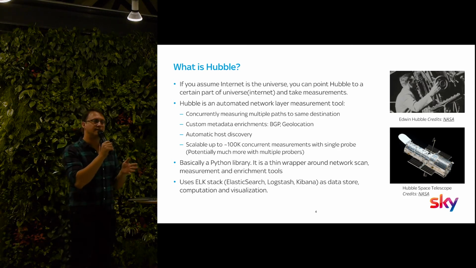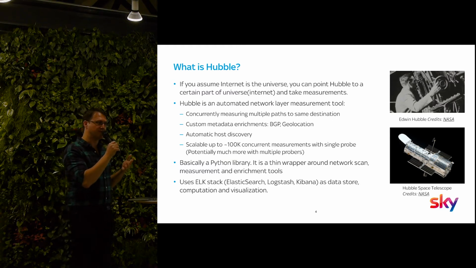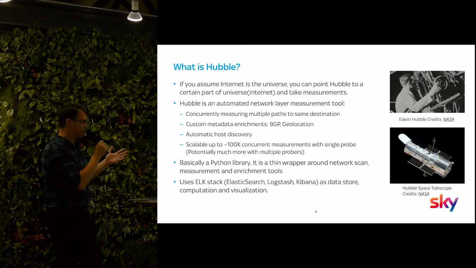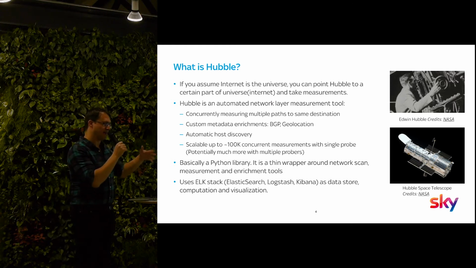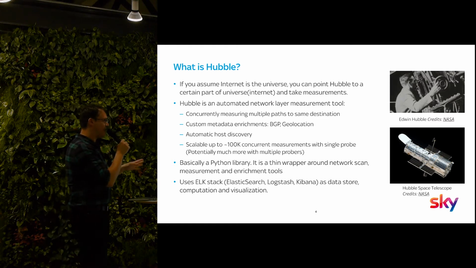You can feed it something static, but it also does automatic host discovery, so you don't need to worry about exactly which end host you need to ping. It just scans the IP space and flies out.